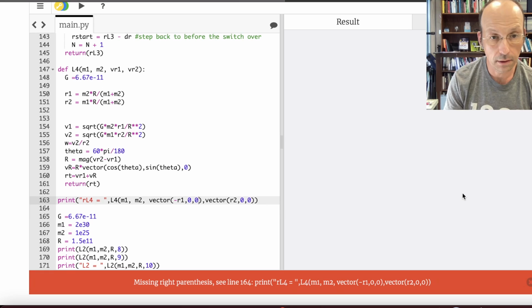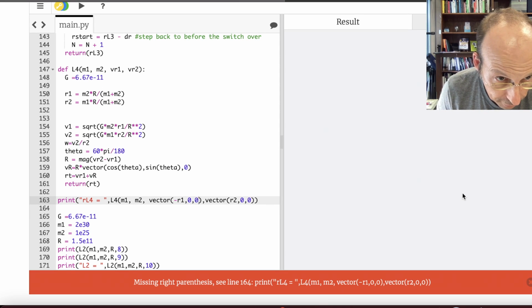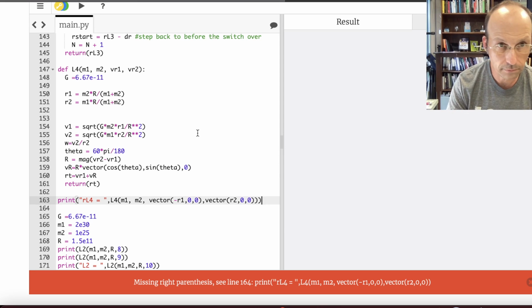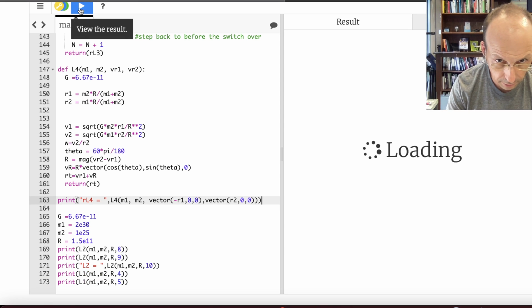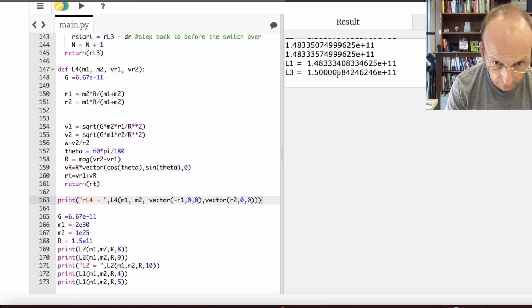No? Missing a right parenthesis in line 164. Okay. L4, vector. I think. Yeah. No, it didn't do it.